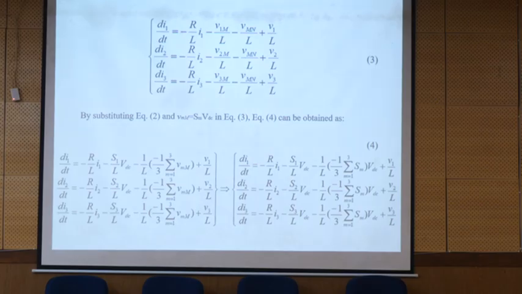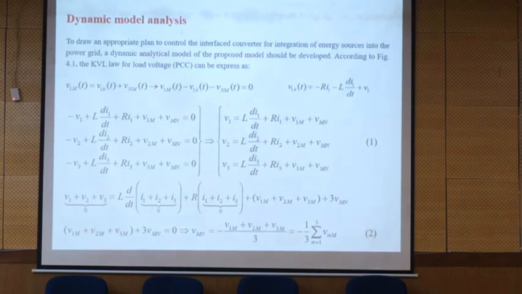When we say that S1 means the switching of the first leg, it is not the switching of transistor 1. It can be upper or lower, it doesn't matter, but this tells what the output voltage is. So S1 VDC, and then we have here VMN, but we said that VMN is equal to minus V1M, so it can be S1 VDC, S2 VDC, S3 VDC over 3.